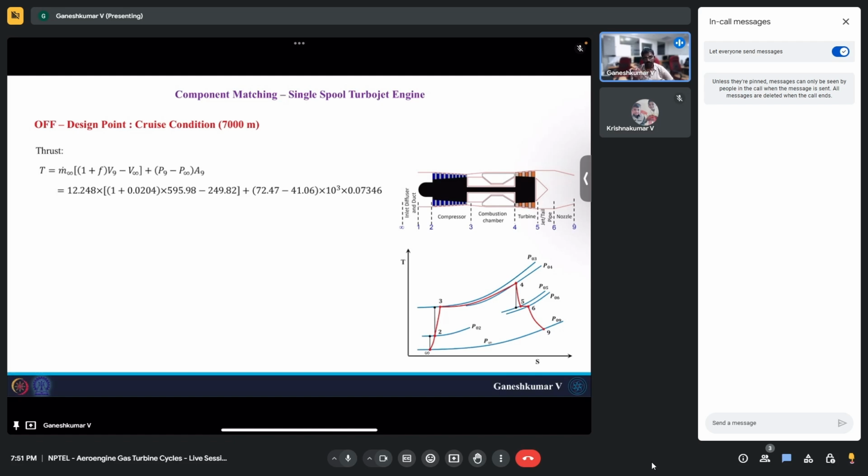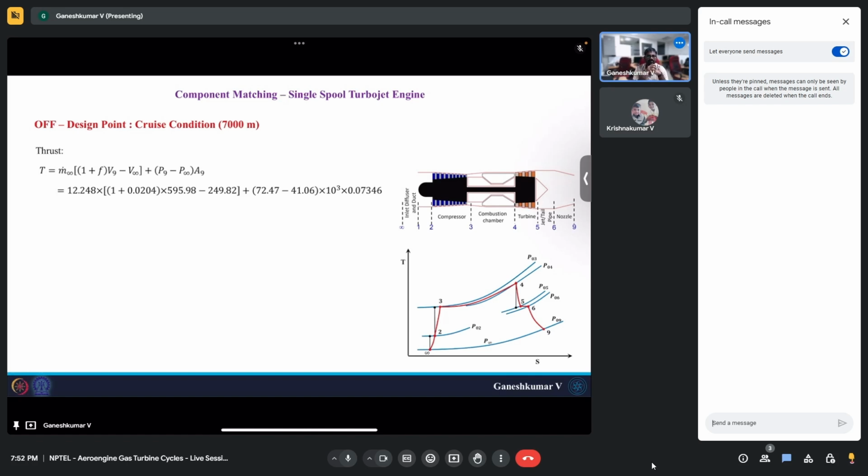Here the turbojet engine has a fixed area nozzle. If you have a variable area nozzle, then you have more control. You no longer need to match the turbine exit mass flow rate and the nozzle mass flow rate, because whatever mass flow rate is coming out of the turbine, you can change the nozzle area to take all the mass flow rate out, such that it will not affect the compressor and ultimately the inlet.